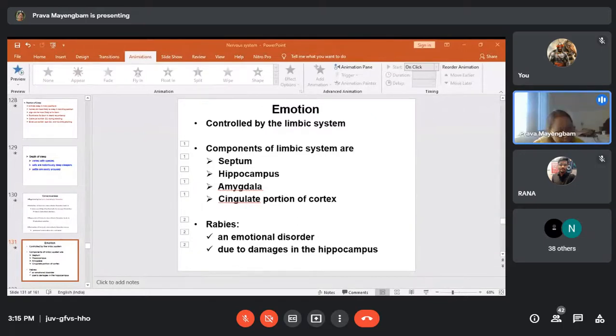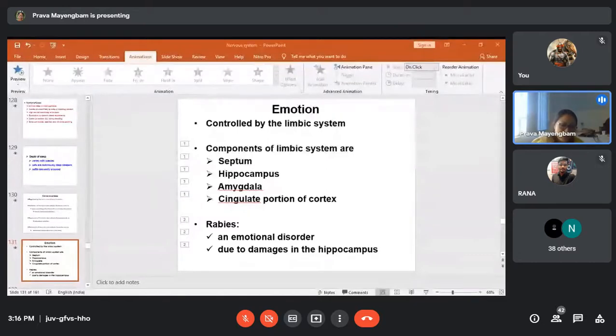That means the hippocampus is the site of election of the rabies virus. So due to the injury caused by the virus in the hippocampus, there is emotional disorder in the animal.